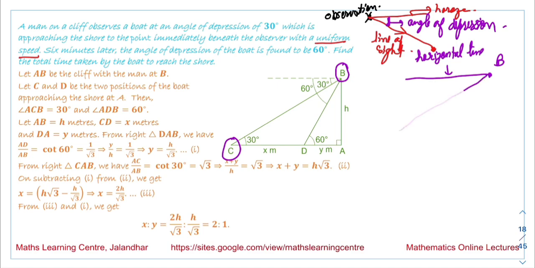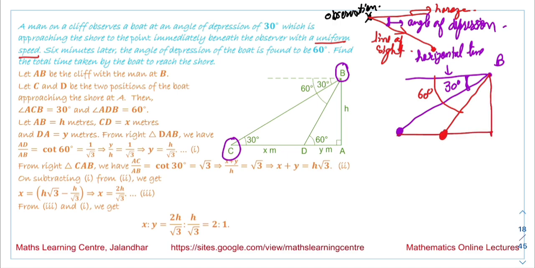This angle is 30 degree and the boat is somewhere over here. Then it is approaching the shore with uniform speed. After 6 minutes the angle of depression of the boat is found to be 60 degree. Now the boat has reached this point.